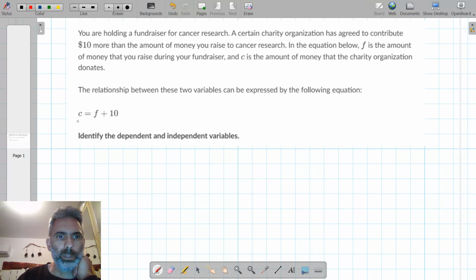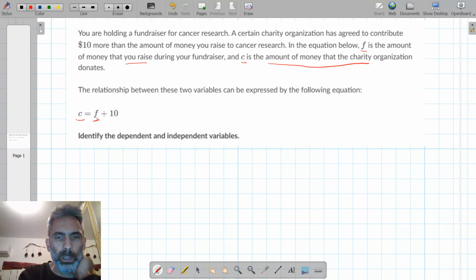Okay, so C is dependent upon the money that you raise.